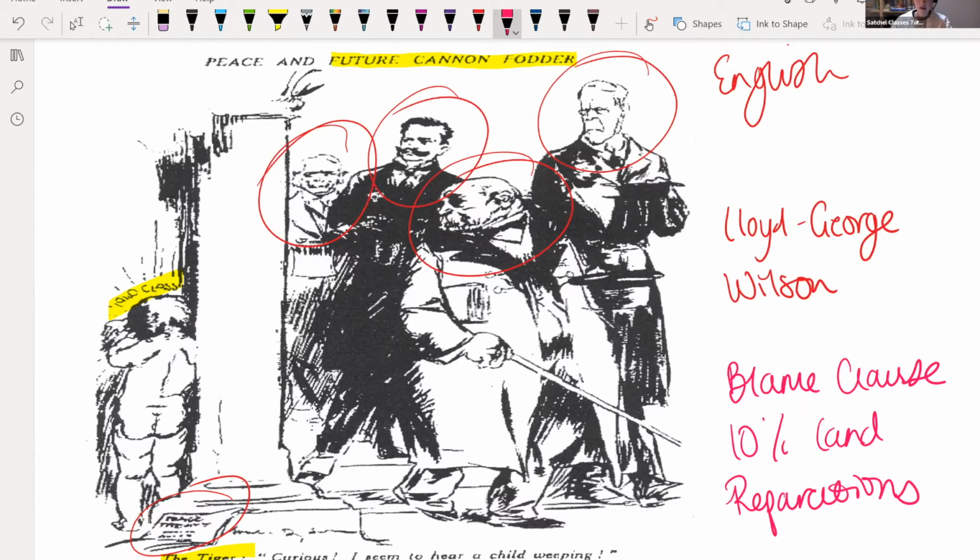The shame is that you've only got 5 minutes in question 1 to read and analyze the cartoon and write your answer, which is why it's so important that you're well practiced at looking at cartoons. So really do try to get your hands on as many of them as you can. There's absolutely loads of them on Google. Go to the Punch cartoon archives and have a look at their World War I cartoons.